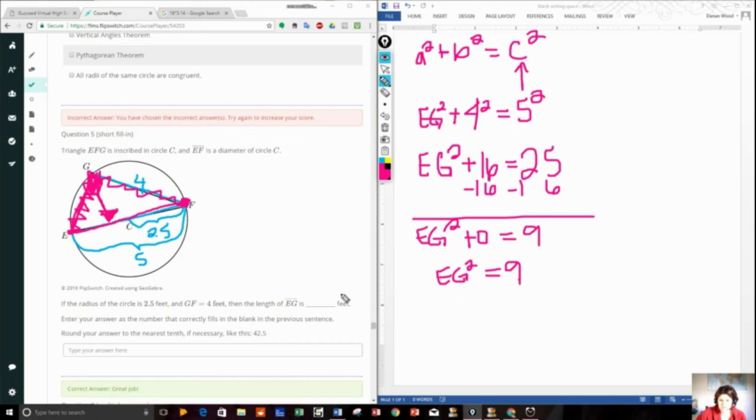But we're looking just for EG, not EG squared. So what's the inverse of a square? It's the square root. So the square root of EG squared is just EG, and that equals the square root of 9, which is 3. So our distance for EG is 3.